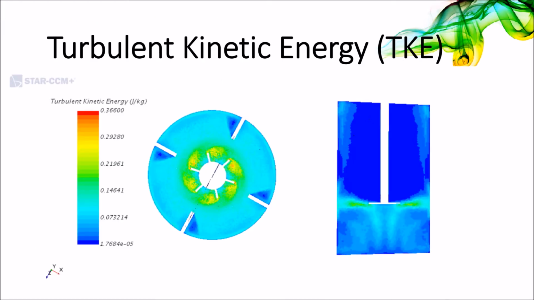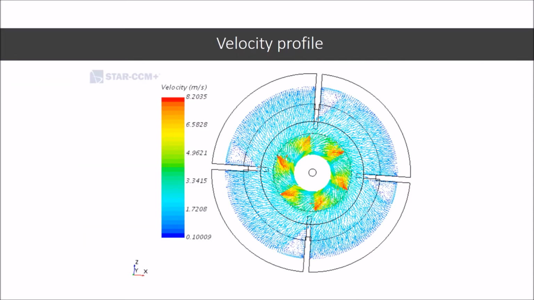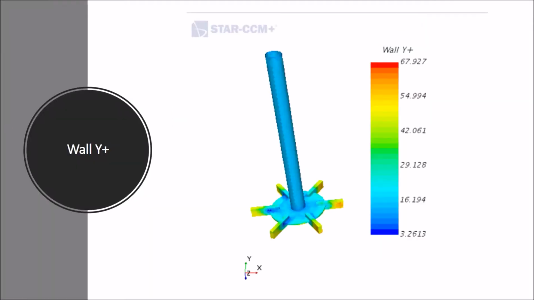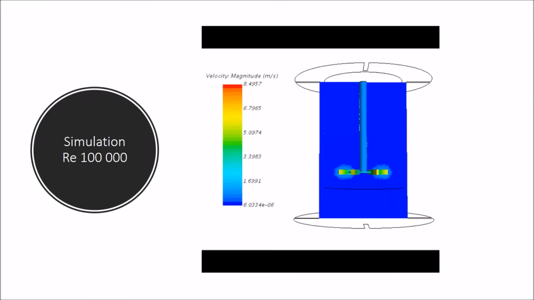Below you can see the profile of the turbulent kinetic energy. It is obvious that this increases with the velocity. The regions near the impeller have the greater kinetic energy, and this is distributed almost uniformly along the length of the tank. Here's the velocity profile, and the y plus is increasing. The simulation is over here.